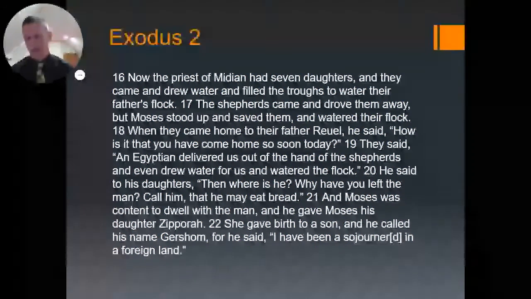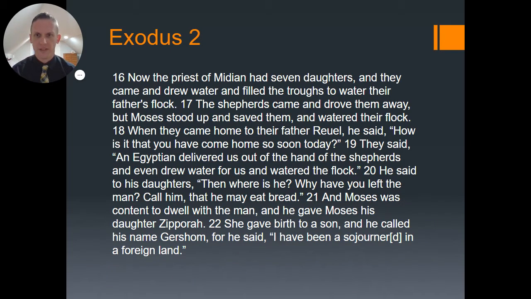So Moses meets with this priest of Midian. He's called Reuel here. He's going to get the name Jethro later. So two names.